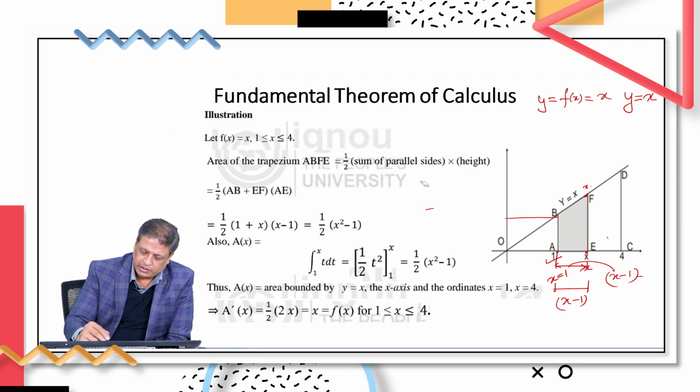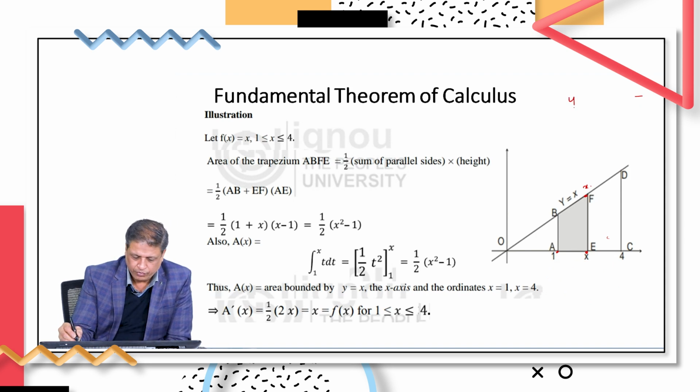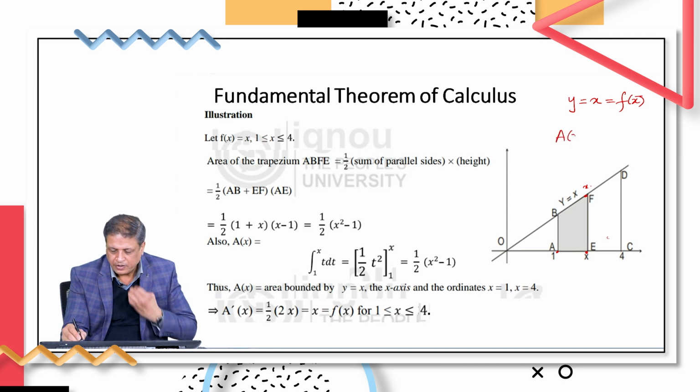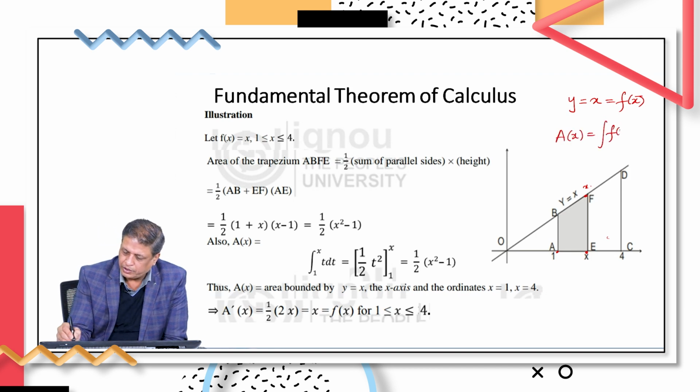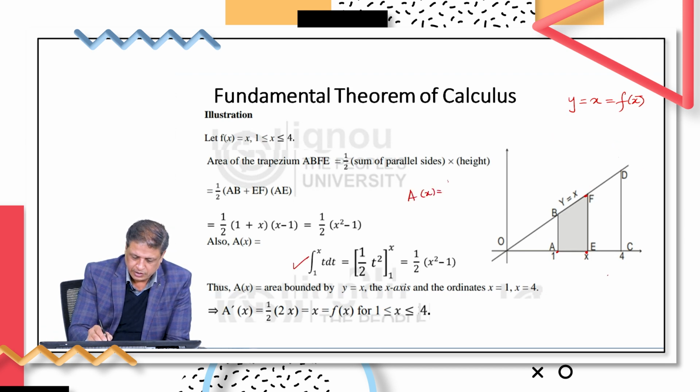As per the fundamental theorem, as we solved in our earlier discussion, when y equals f(x) equals x, then A(x) is the integral of f(t) dt, that is, the integral of t dt. The expression says A(x) is equal to the integral from a to x of f(t) dt.